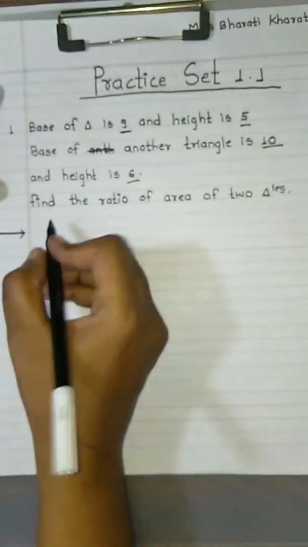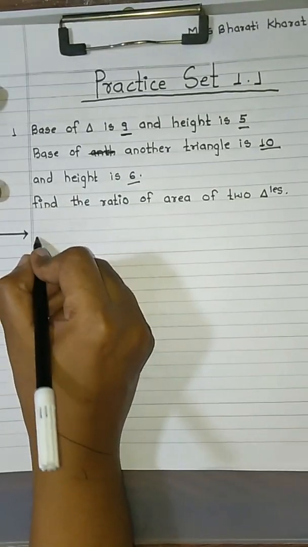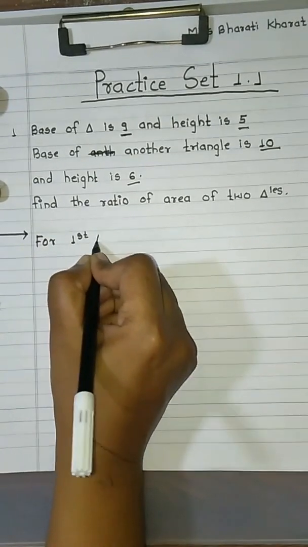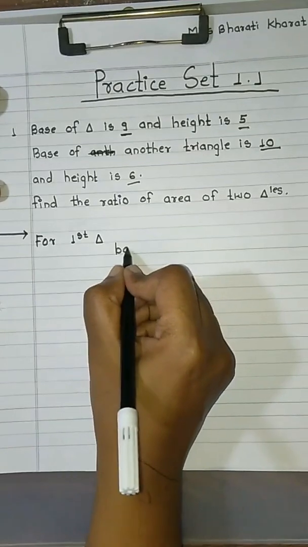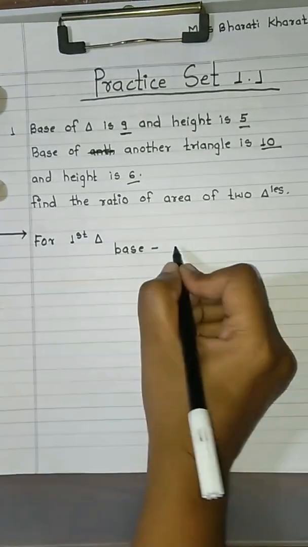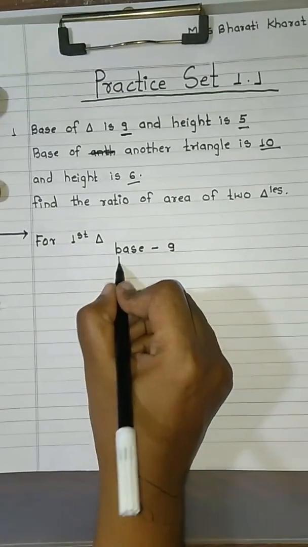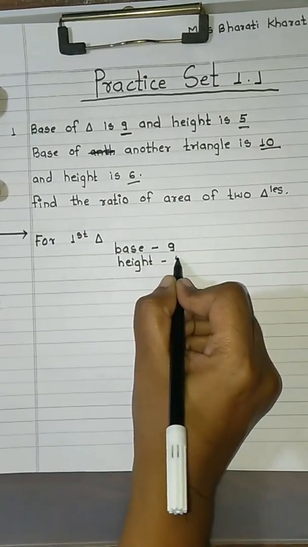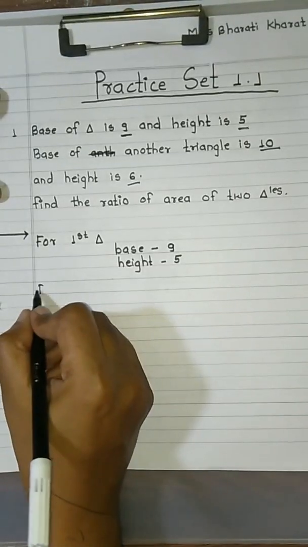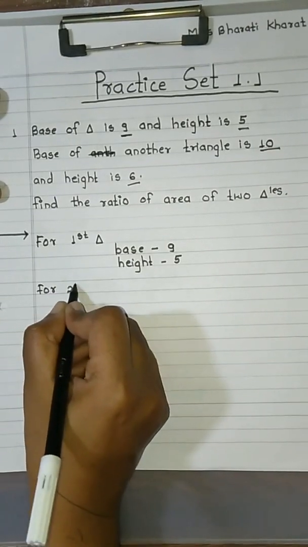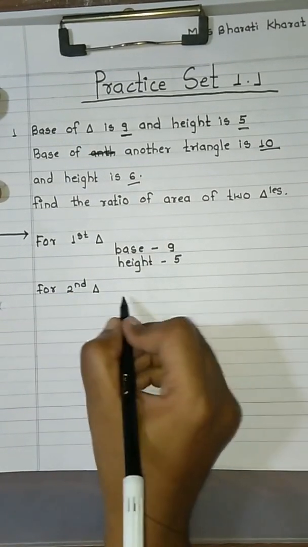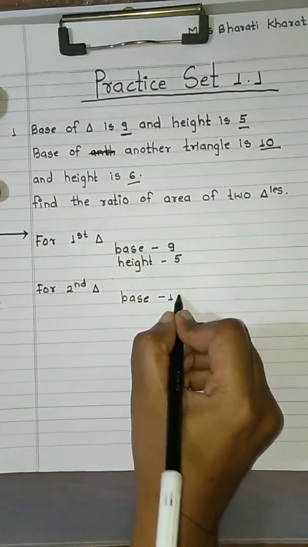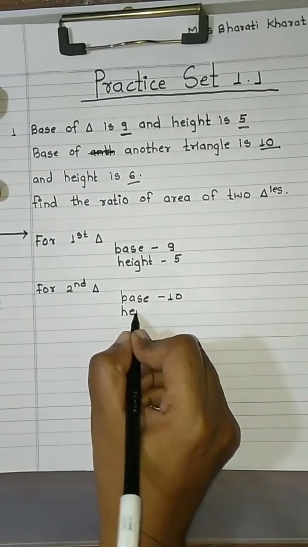Okay, here for first triangle, base is 9 and height is 5. For second triangle, base is 10 and height is 6.